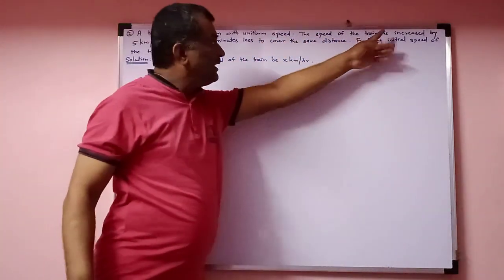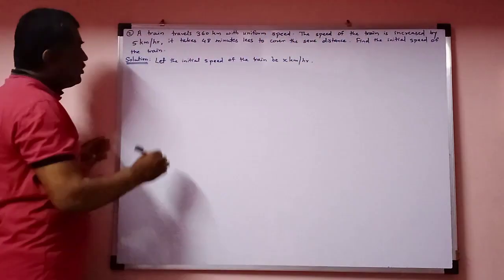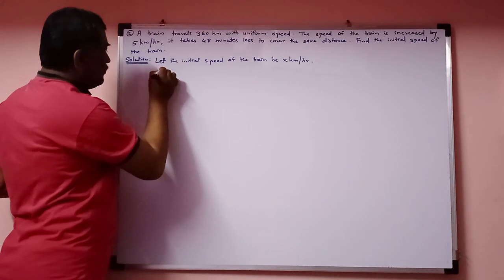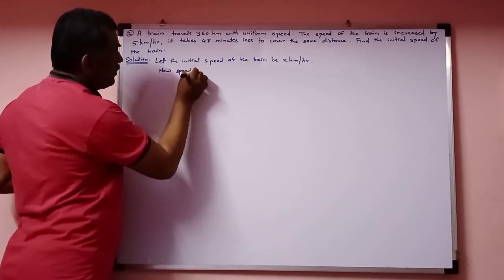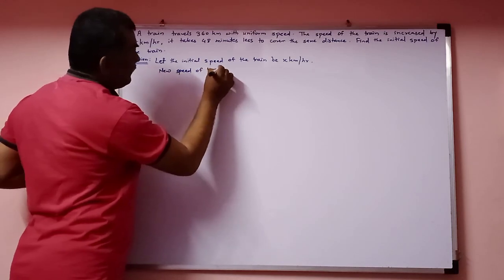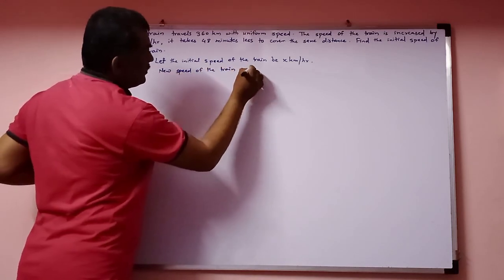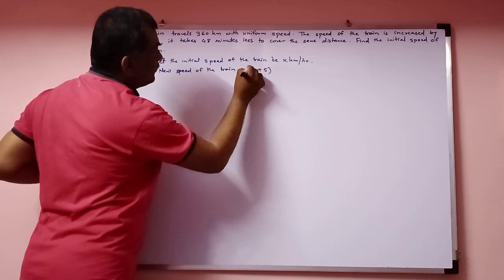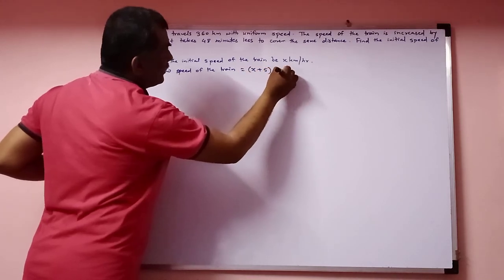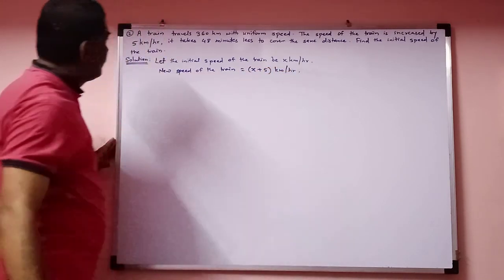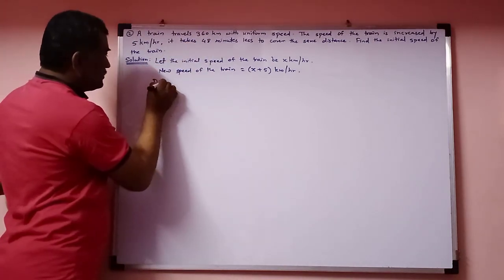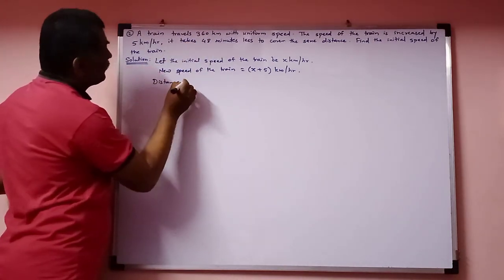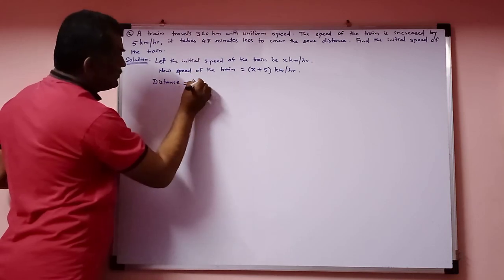The speed of the train is increased by 5 km per hour. New speed of the train is equal to x plus 5 km per hour. Here distance is equal to 360 km.